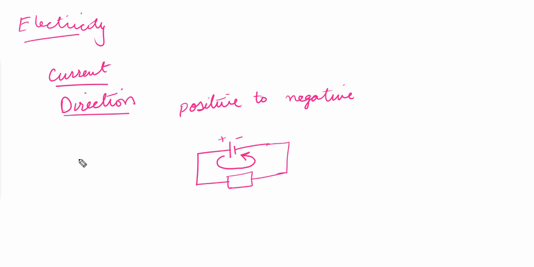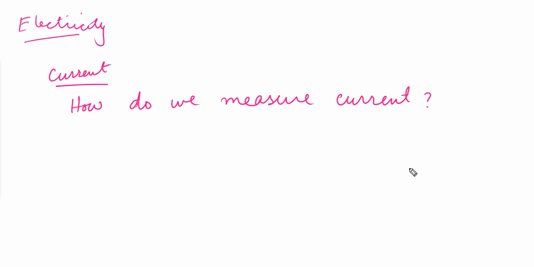The next thing that we have to discuss is the measurement of current. So how do we measure current? We measure the current by an instrument that is called an ammeter. So ammeter is basically the instrument by which we measure the amount of current that passes through a circuit.